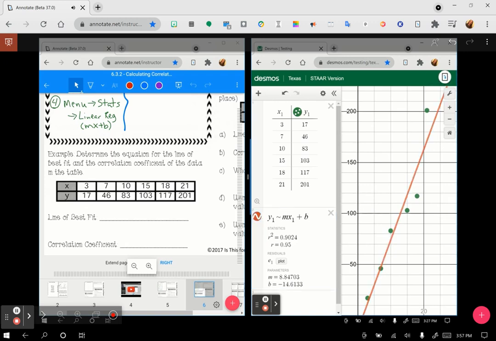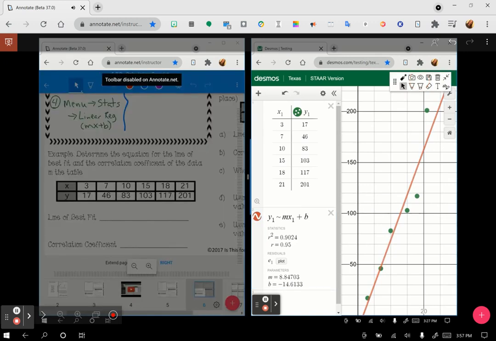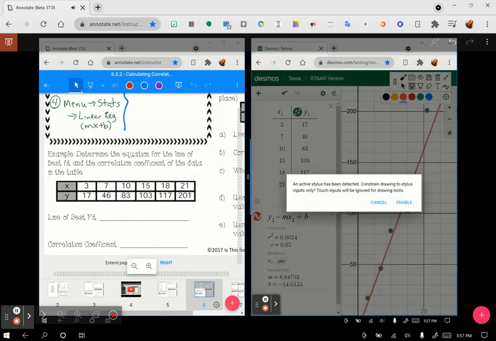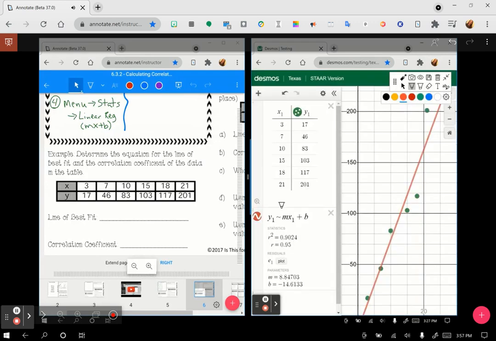So if you will notice, down here is the slope. Here's the y-intercept. So if I needed to write the equation for this line, I would say y equals 8.85x, that's my slope.